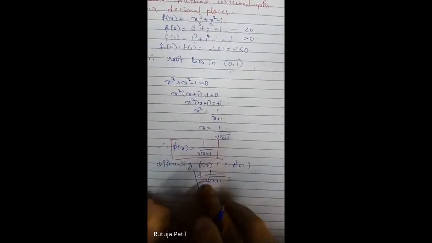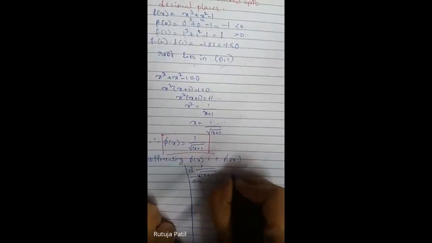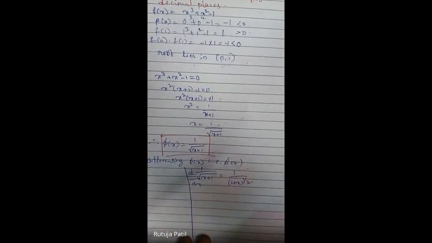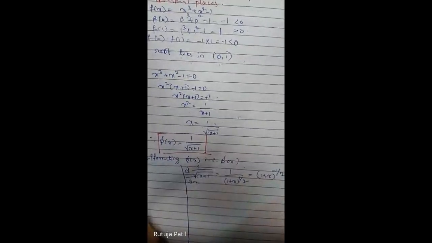Now can I write the square root as 1 divided by x plus 1 to the power 1 divided by 2? When I bring this term to the numerator, we get 1 plus x to the power minus 1 divided by 2.